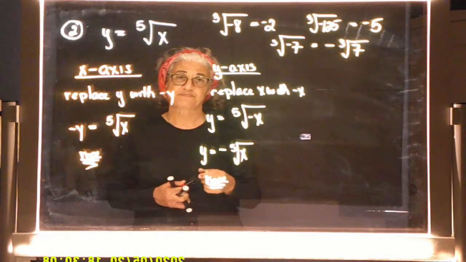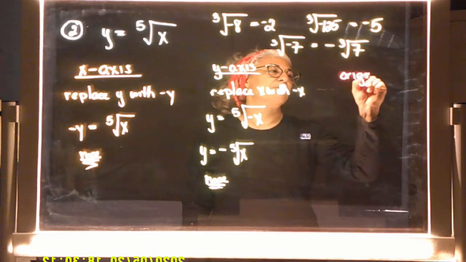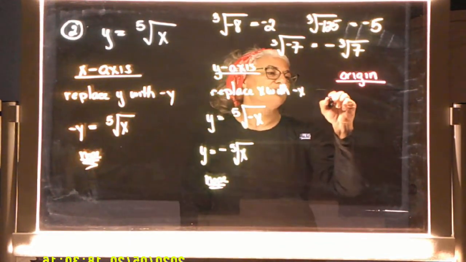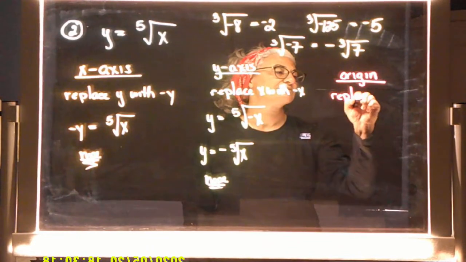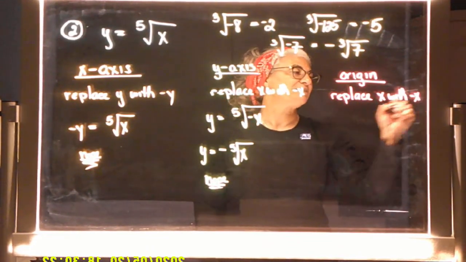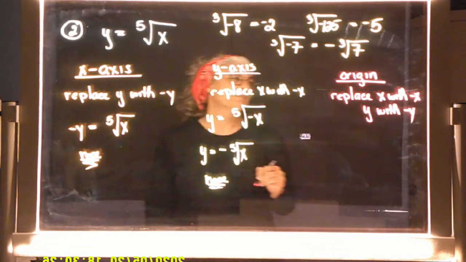Are you with me? Okay, last symmetry is origin. And remember, origin symmetry, both x and y changed, didn't they? So replace x with negative x and y with negative y.